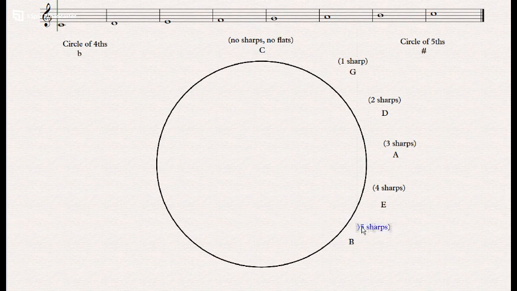Let me fix the parentheses there. All right, and where do we go from B? What note's going to have 6 sharps? I'll move this down a little bit just so they're together. There we go. So I would go B, C sharp, D sharp, E, F sharp.